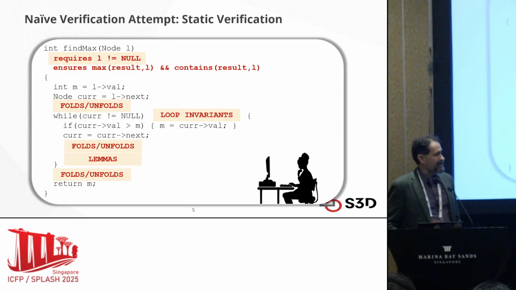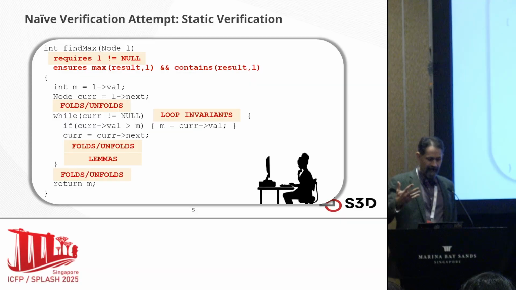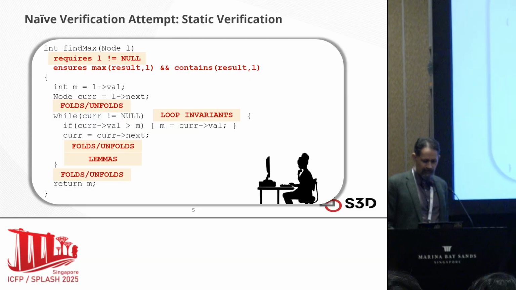And in fact, for most verifiers to prove software that's interesting, maybe a little more interesting than this, they probably require some help, right, in the form of loop invariants and maybe some lemma functions, some folds and unfolds, which I'll talk about. And so there's a lot more work for Daisy to do in order to prove this correct with static verification.